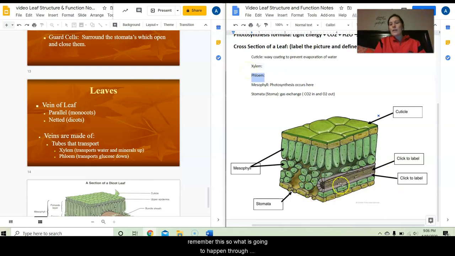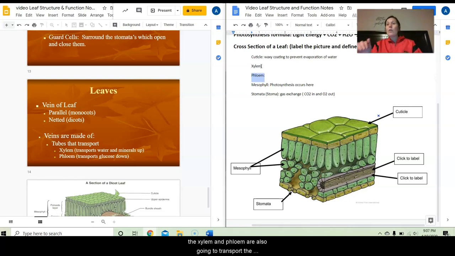So what is going to happen through those tubes? Well, those tubes, the xylem and phloem, they're not just in the leaf. You're going to hear me talk about the xylem and phloem in the stem and in the roots, because guess what? This is what transports. It is like your veins and your arteries transport your blood, which carries your oxygen and your glucose.